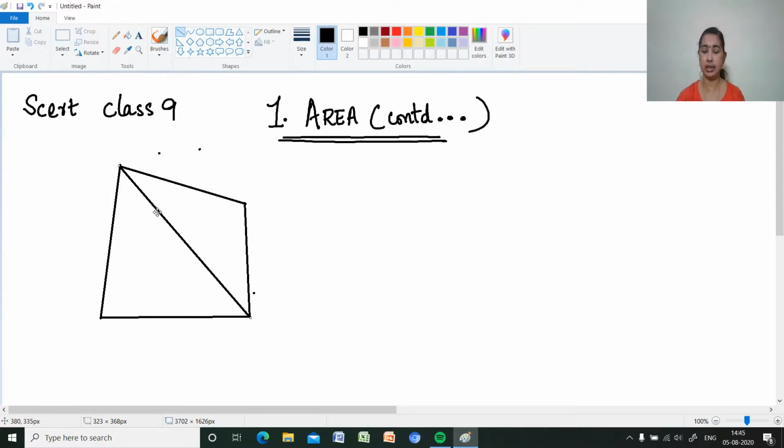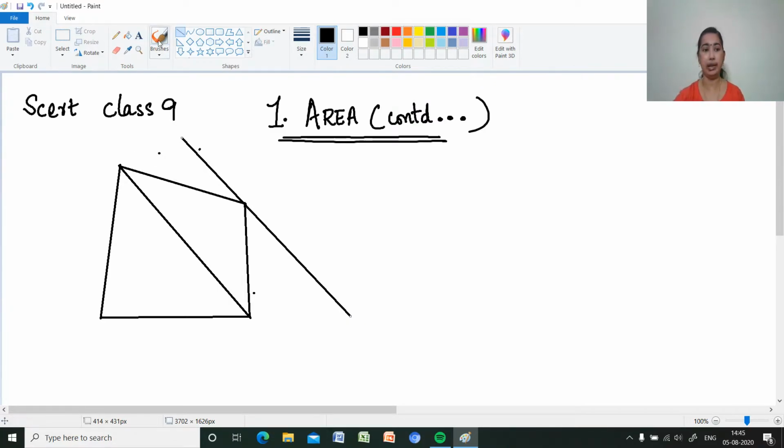Now for this diagonal, I have to draw a line parallel to it through this vertex. You know how to draw a parallel line, that is, using a set square. Since I have taught you how to draw the parallel line, I am not taking the set square again and doing all those things. I am just drawing a parallel line.